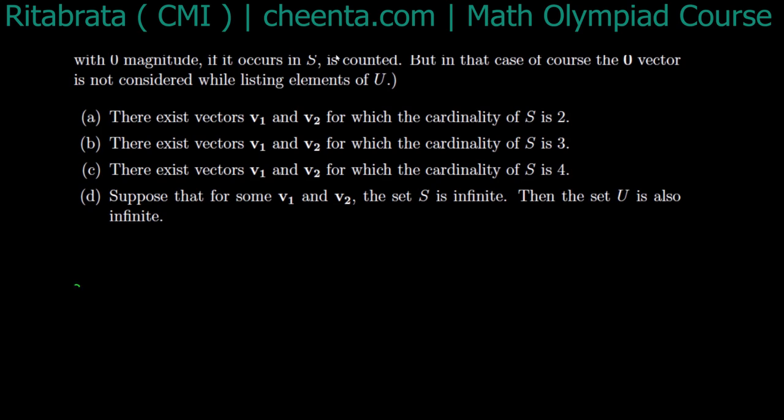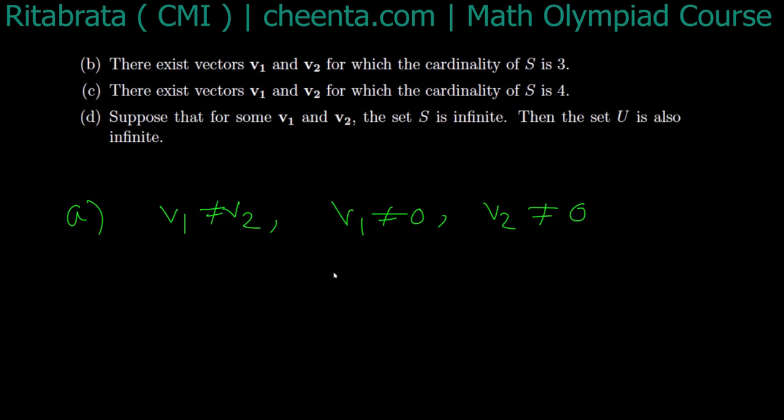For part A, we have v1 not equal to v2 and both of them are non-zero. This is important. Now what about the cross product of vectors in R3? We have two vectors v1 and v2. What is v1 cross v2?